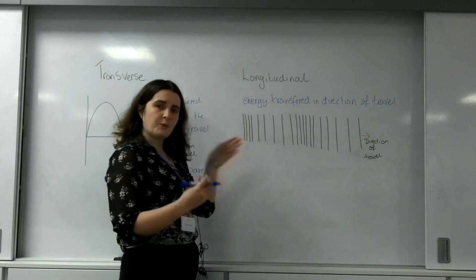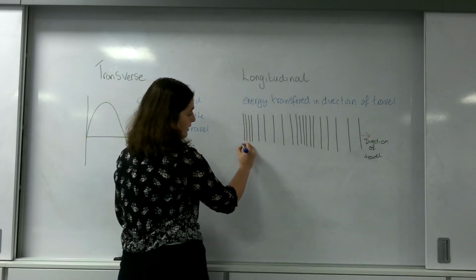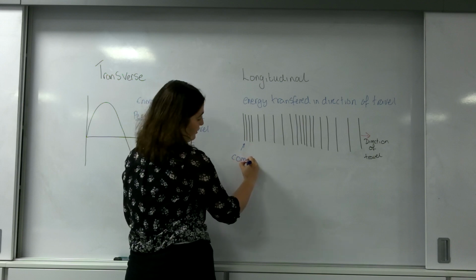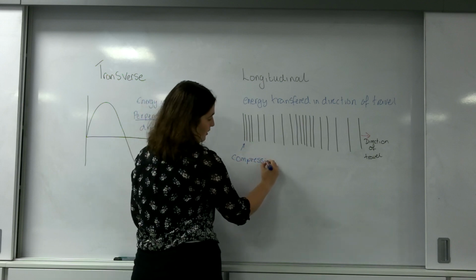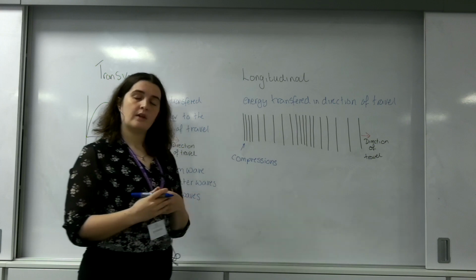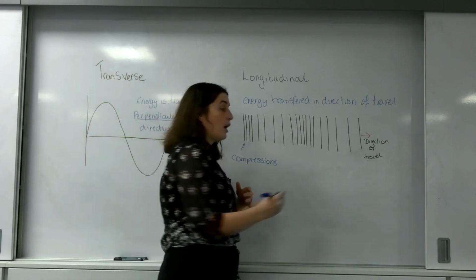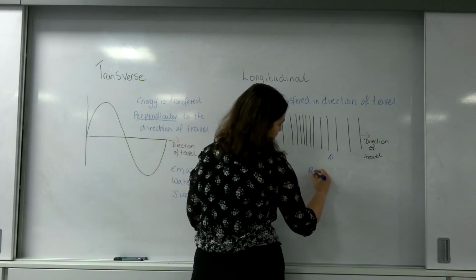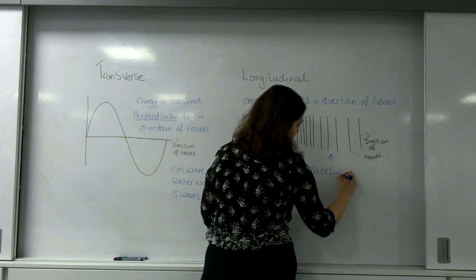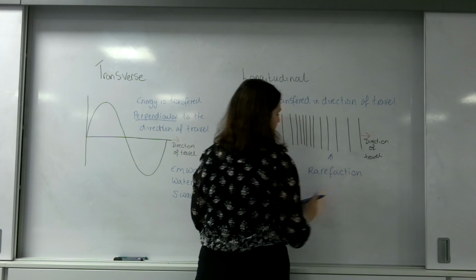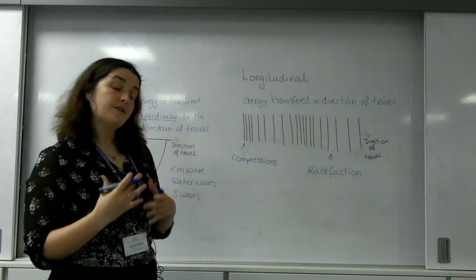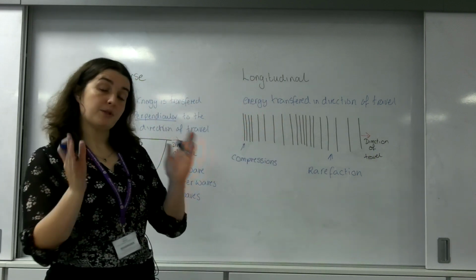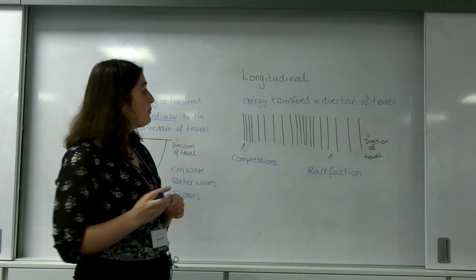These regions where they are moving closer together are called compressions. These regions where they are moving apart are called rarefactions. And those are key defining terms that you need to be aware of, these compressions and these rarefactions.